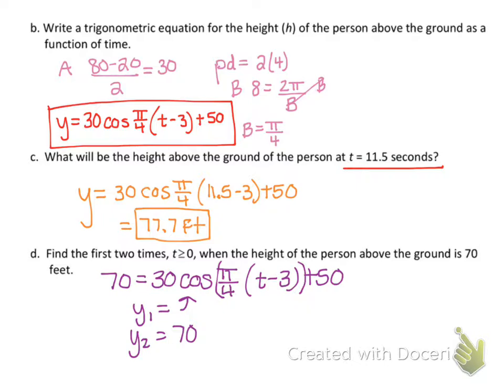So then what you do is you do second trace, which is calculate, number 5, which is your intersection point. And you have to do that twice, so you get a time value of 1.93 seconds and 4.07 seconds. So we're going to be able to solve for this y value, we're going to use the graphing method.